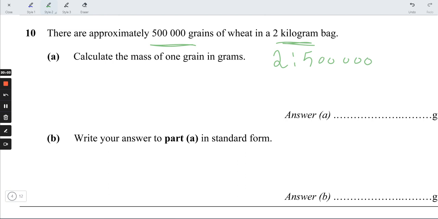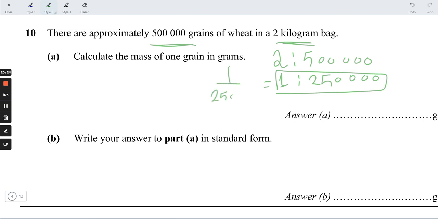Now you can simplify it. You will get 1 to 250,000. Simplifying it means that you are dividing both parts of the ratio by 2. This is no more than a fraction: 1 over 250,000.